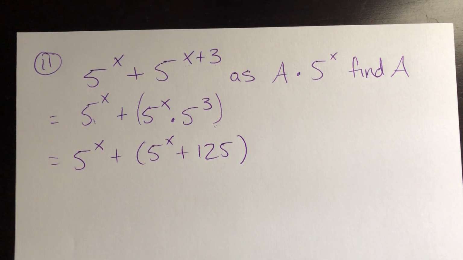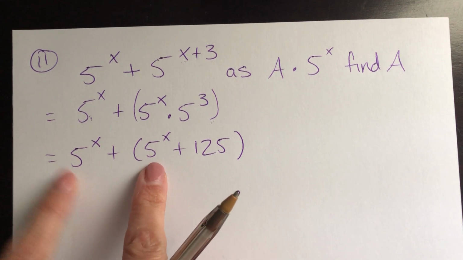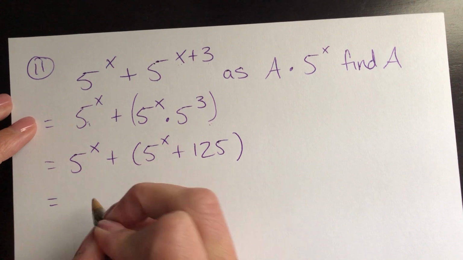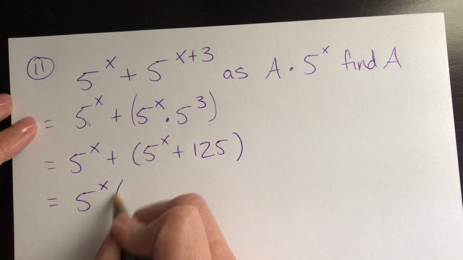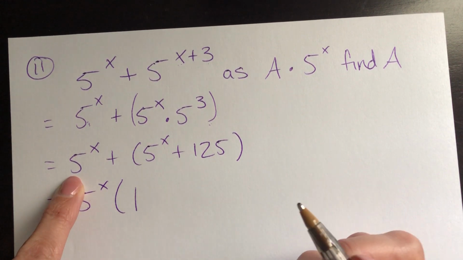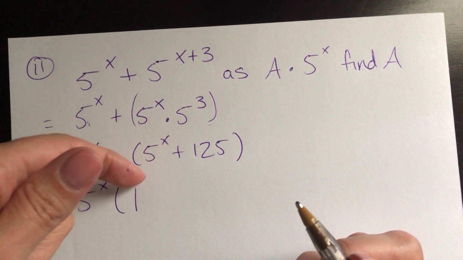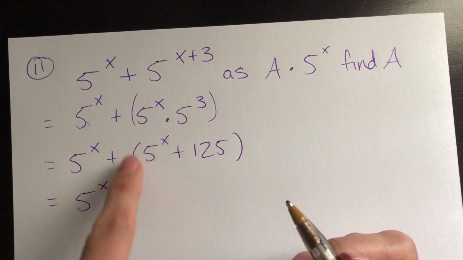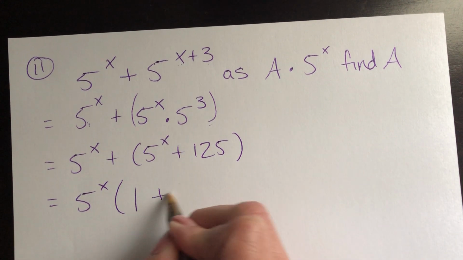And then I notice that I have a common factor of 5 to the x, so I'm going to factor that out. 5 to the x divided by 5 to the x is 1. That pulls out as 1. And then I'm just left with that 125 there.